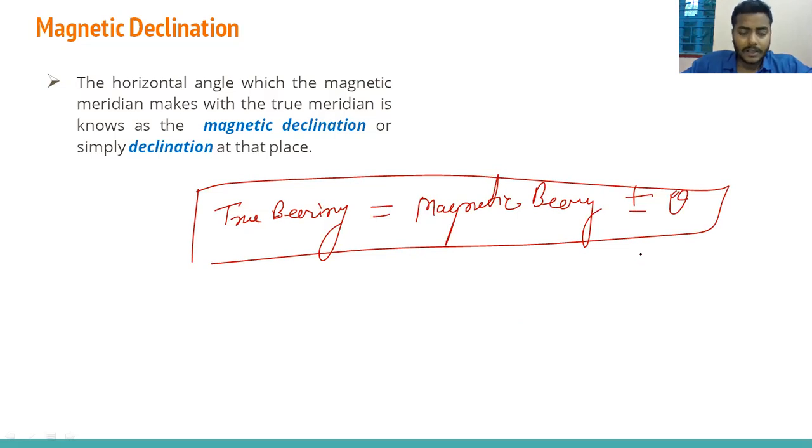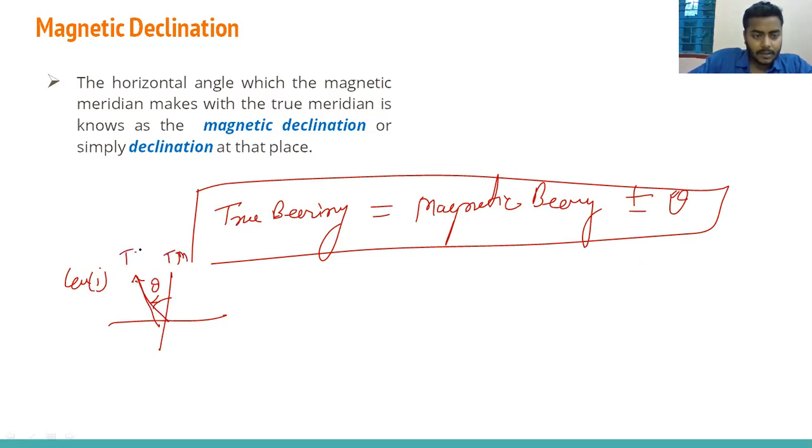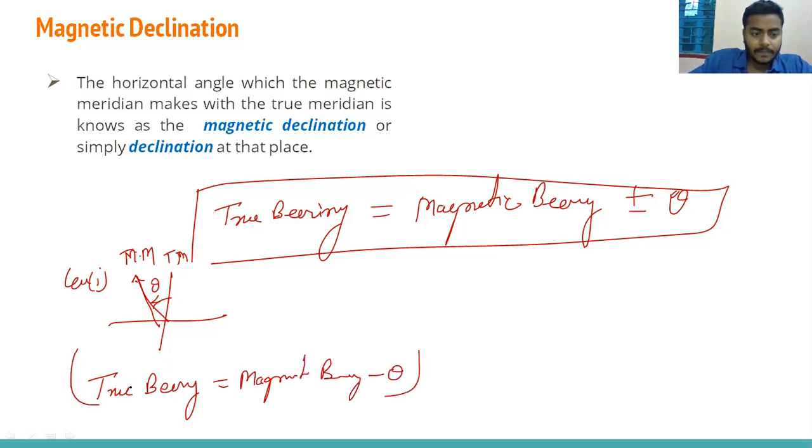Declination is the horizontal angle between the magnetic meridian and true meridian. In the first case, when declination is towards east, we can write true bearing equal to magnetic bearing minus theta.